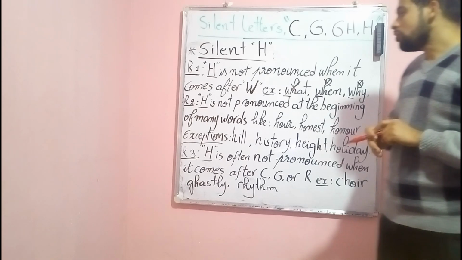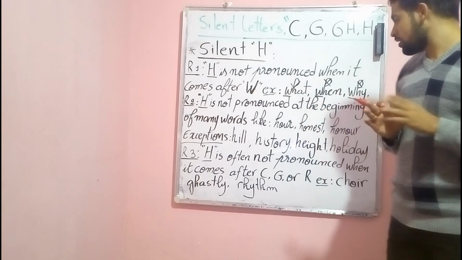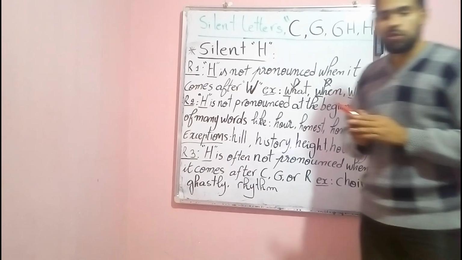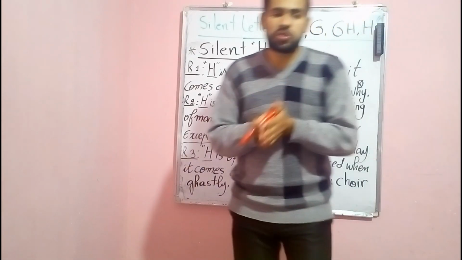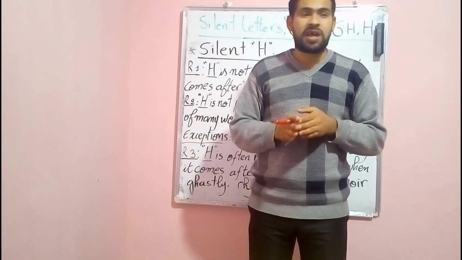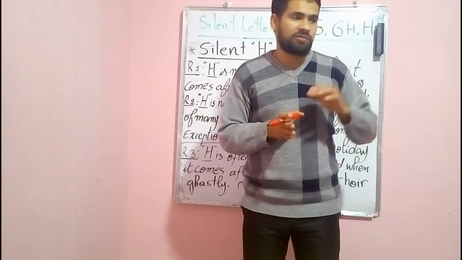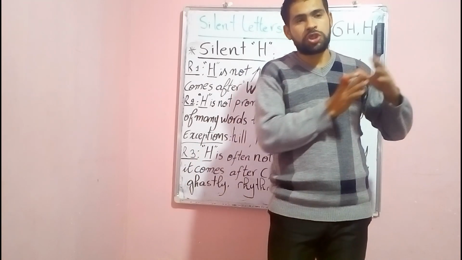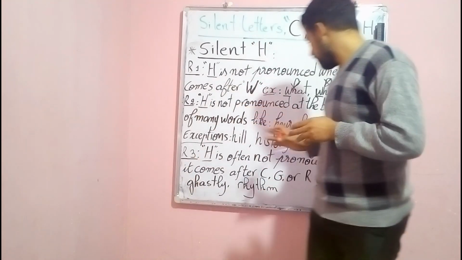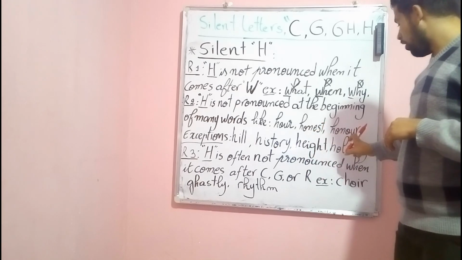Now, rule number two: H is not pronounced at the beginning of many words. There are some words where H is not pronounced at the beginning, especially words that are of French origin. For example, here we have hour, honest, honor.